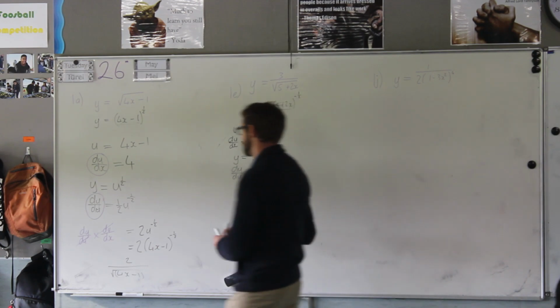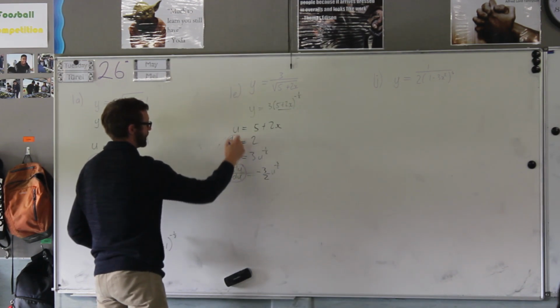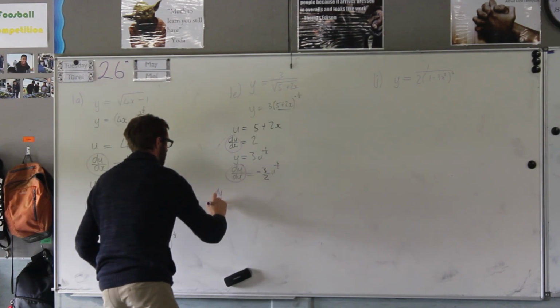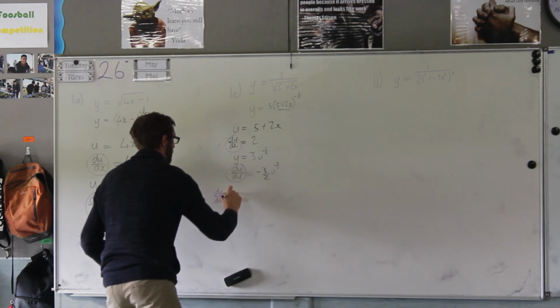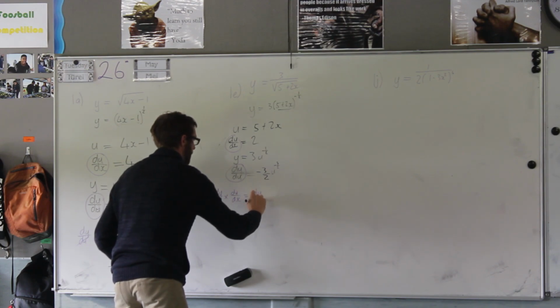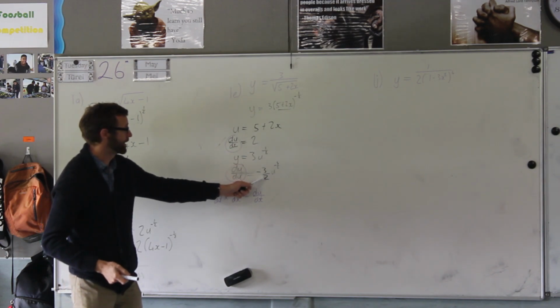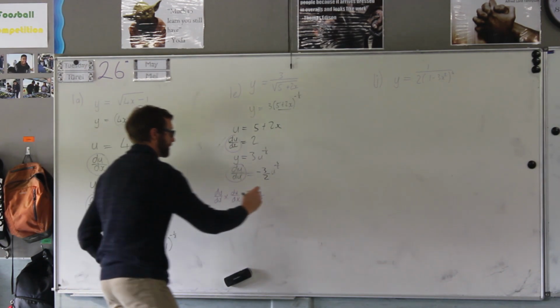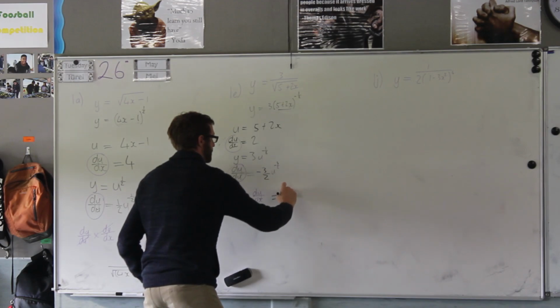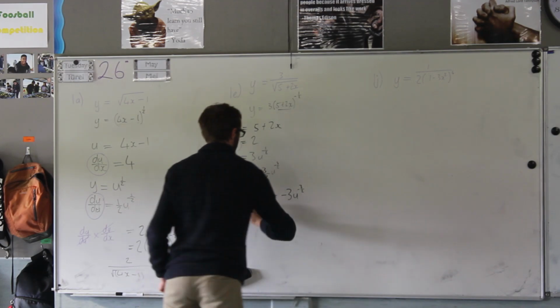So now my next step is to take this and this, dy du multiplied by du dx, is going to give me dy dx. In this case I'm multiplying this by this, so it's going to be minus 3u to the minus 3 over 2.